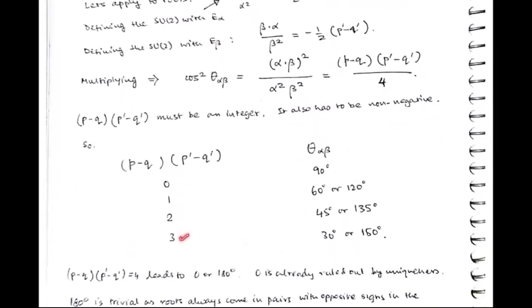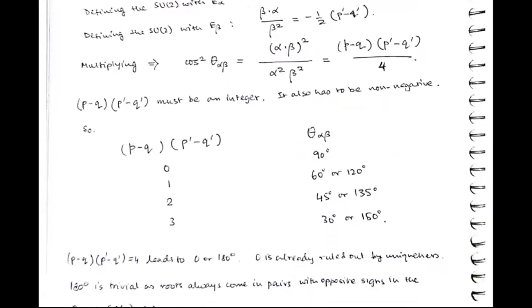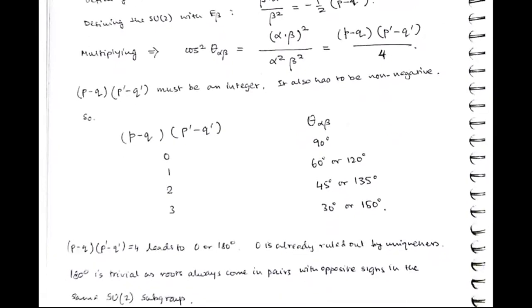Or it can be equal to 3, where it's 30 or 150. The thing that is equal to 4 just makes it 0 or 180, which is trivial, since the roots always come in pairs, and both of them are in the same SU2 subgroup.